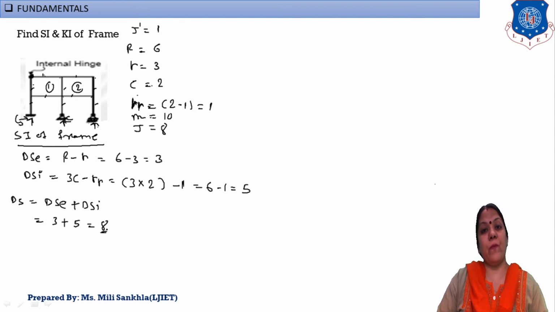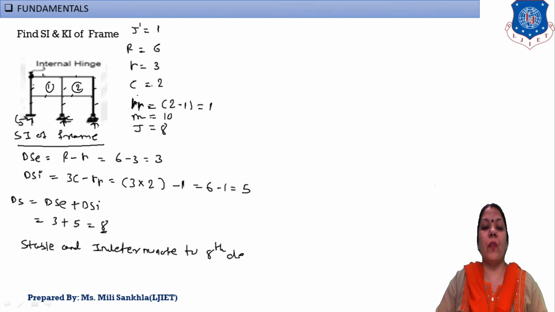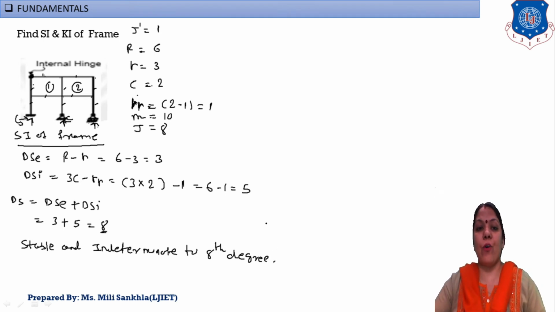The answer is positive. Now what is the statement for this frame? The given frame is stable and indeterminate to 8th degree. Now next we find the KI of the frame.